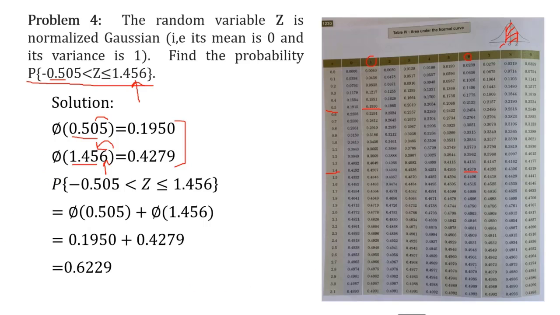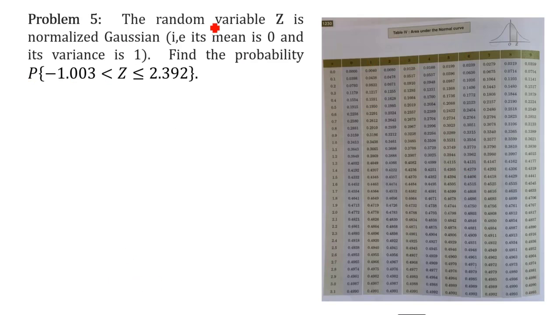You should know the value of the PDF at 0.505 and at the point 1.456. The minus sign means it exists on the left side of the y-axis, and the other exists on the right side of the y-axis. Then calculate those two values and add them.